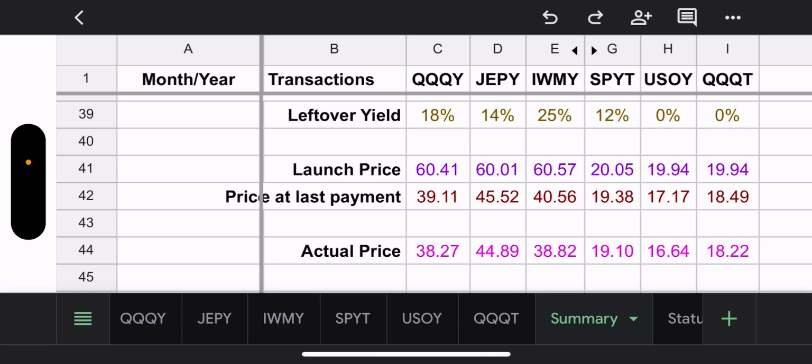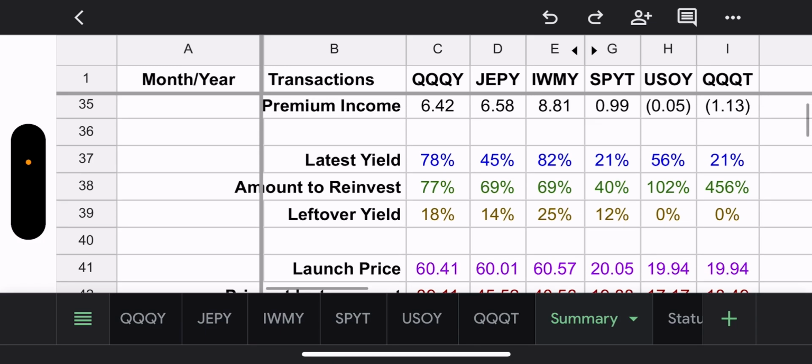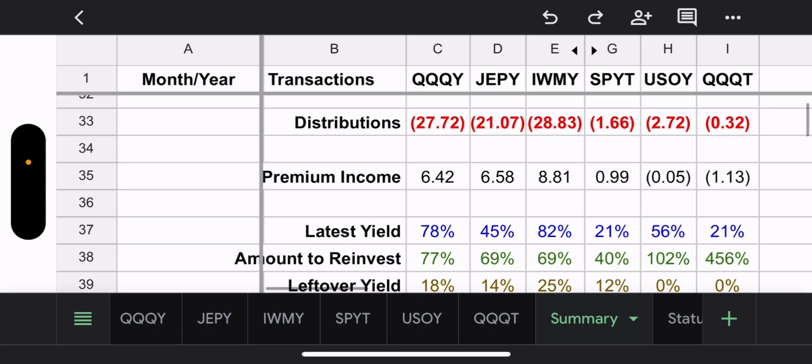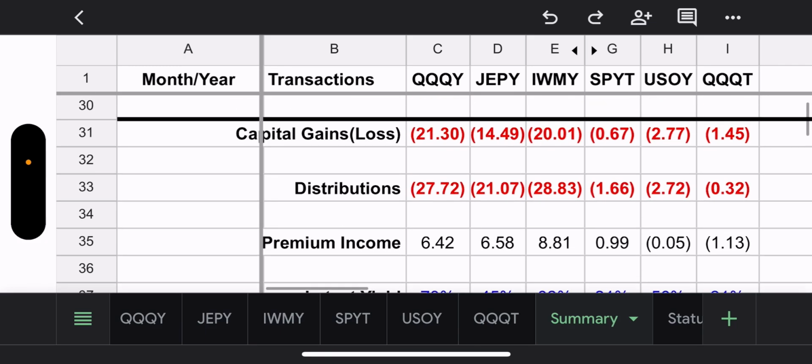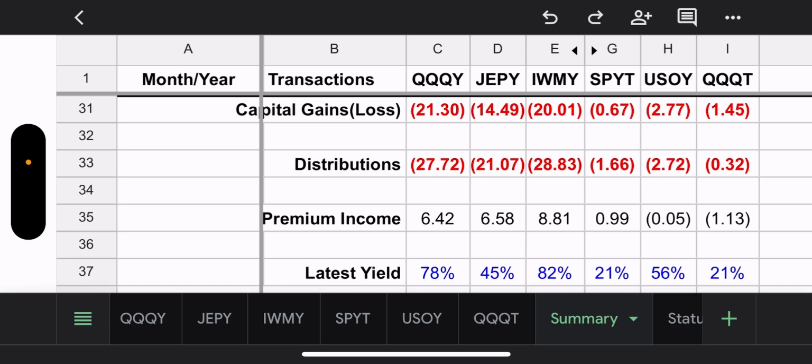These funds, yes, they can't recover to the original price. It's just too much to ask for. But they will always make money. They will always have a distribution. So you have to come up with a strategy that works for you on these funds. These funds are crazy. They are crazy, especially the top 3, man. They are crazy, but I love it. So yeah, that's the update.